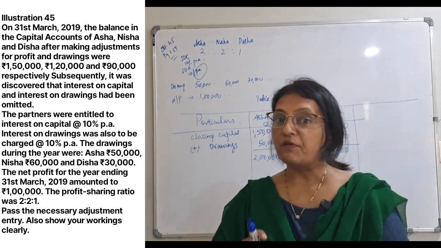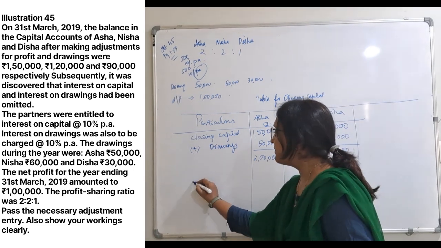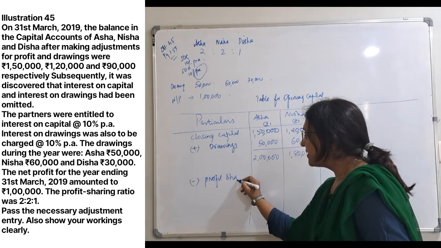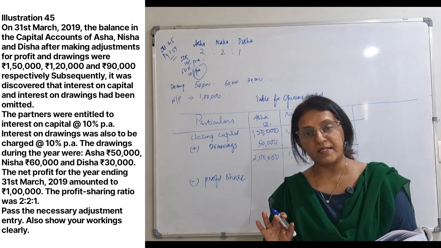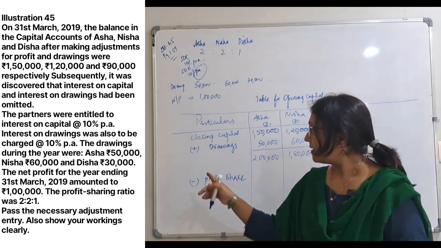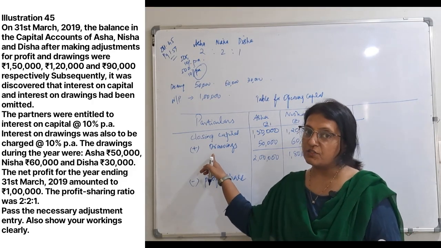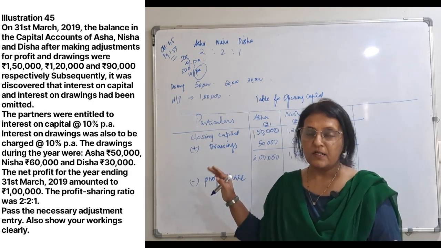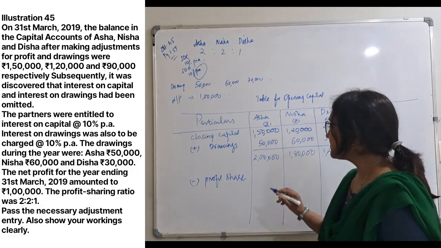The net profit, we will be deducting the net profit. We have to minus the profit share. The item that we had added, we will minus, and the item that we had deducted will be added back. We had deducted drawings, so we need to add that back. We have given profit, so we need to minus that. Then we get the opening capital.